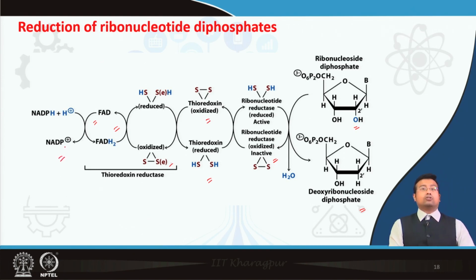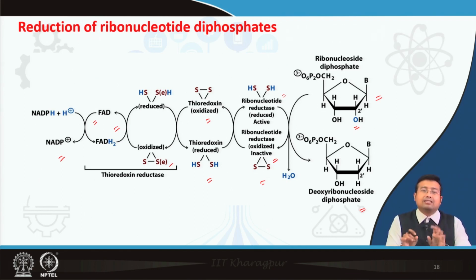NADPH. So there is a big chain of redox coupling going on here. You can pause this video right at this moment and visualize, think calmly, you can easily understand. This substrate gets reduced. The first enzyme, ribonucleotide reductase, helps in its reduction, itself gets inactivated and oxidized. It needs to be further reduced.